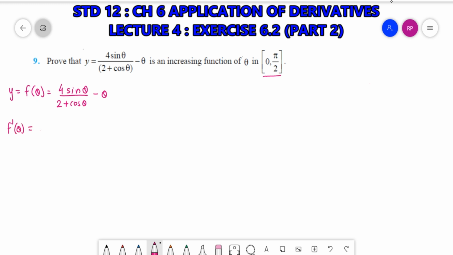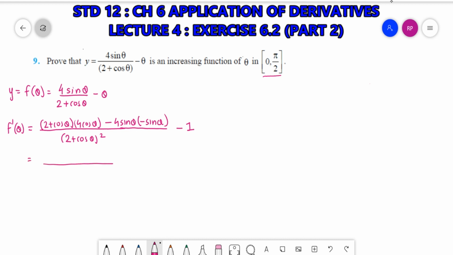Now here I will use the method of u by v: denominator 2 plus cos theta whole square, 2 plus cos theta as it is, derivative of 4 sin theta, 4 cos theta, minus 4 sin theta as it is, derivative of 2 plus cos theta: derivative of 2 is 0 and derivative of cos theta is minus sin theta. Minus derivative of theta, that will be equal to 1.